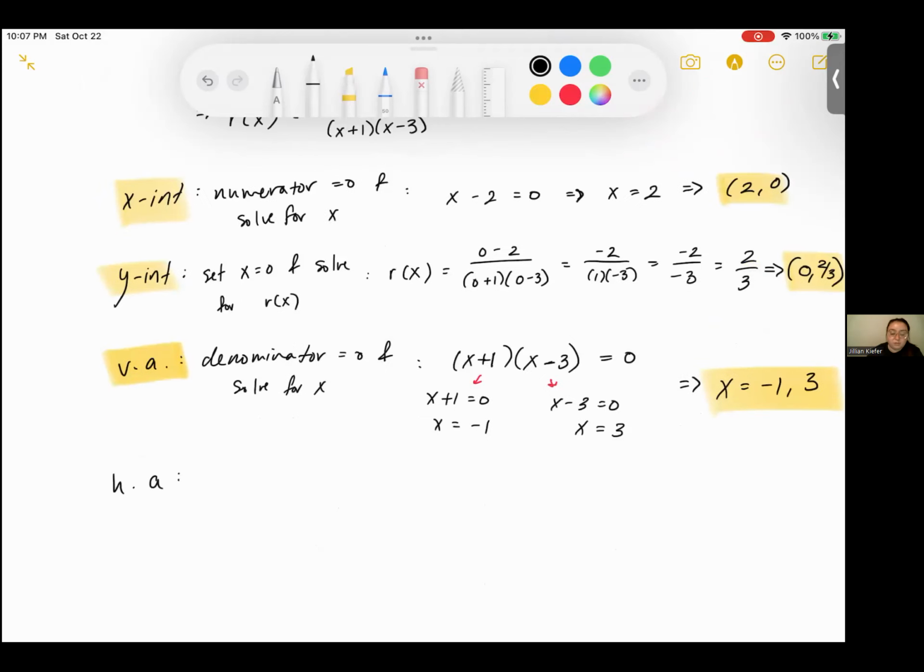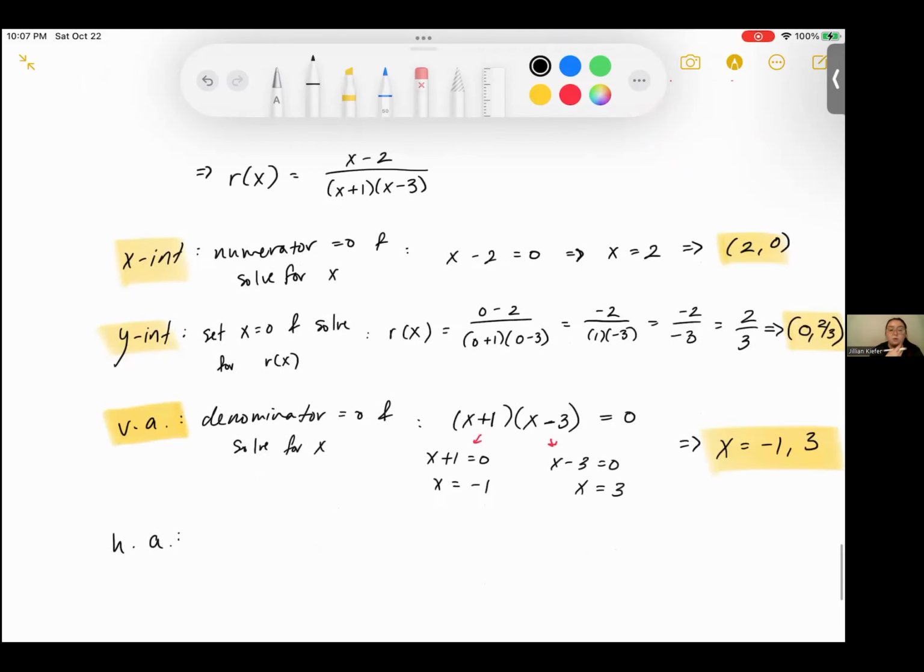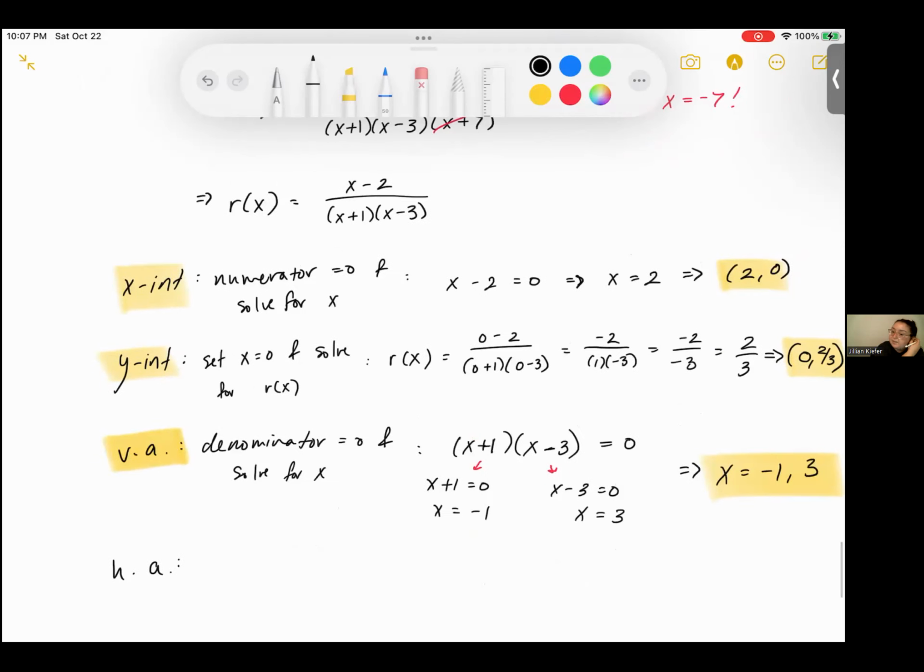Then we want to find the horizontal asymptote as well. With our horizontal asymptote, we said that it depends on the degree of your numerator and the degree of your denominator. So if we look at r of x, we would see that the degree in our numerator is 1. So n is 1 in the numerator.